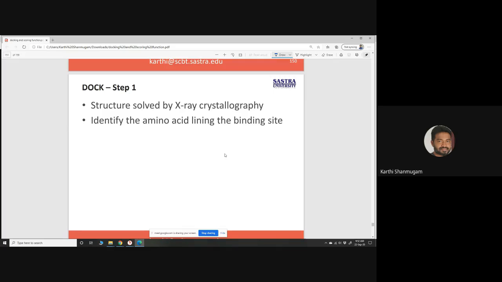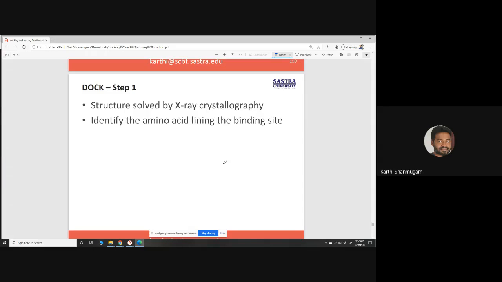There are cases where we may only be able to crystallize the protein molecule, not along with the inhibitor. In that case, we have to locate where exactly the binding pocket is present, and we use the solvent accessible surface area to find out where the major binding pockets are, and then we can narrow down which one could be the possible active binding pocket.